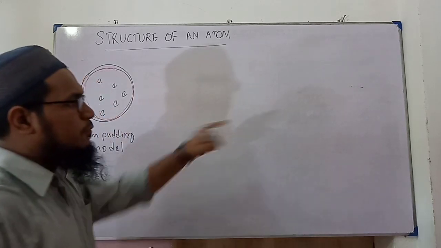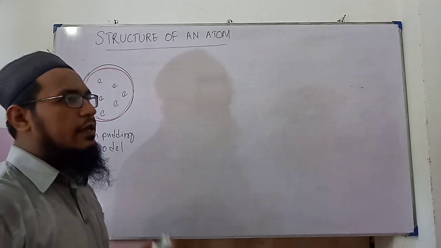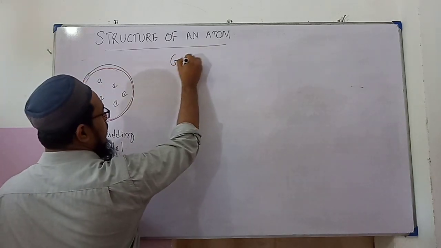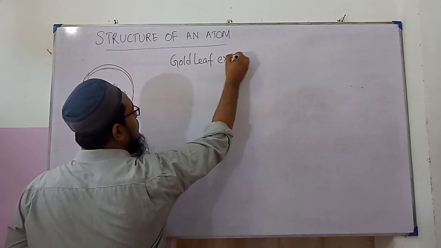Next, the person who found out the proton, Ernest Rutherford, did an experiment. It is called the gold foil or gold leaf experiment.